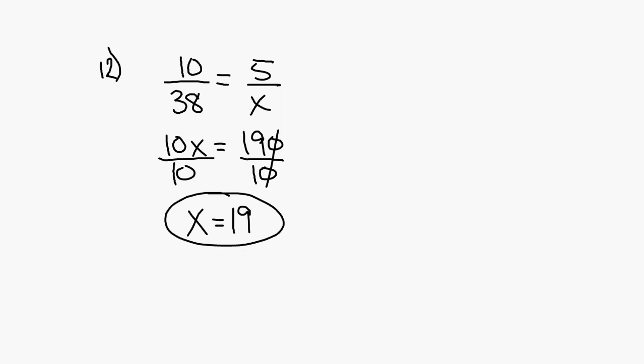Number 13. In a diagram of a landscape plan, the scale is 1 centimeter equals 10 feet. In the diagram, the trees are 2.5 centimeters apart. How far should the actual trees be planted?